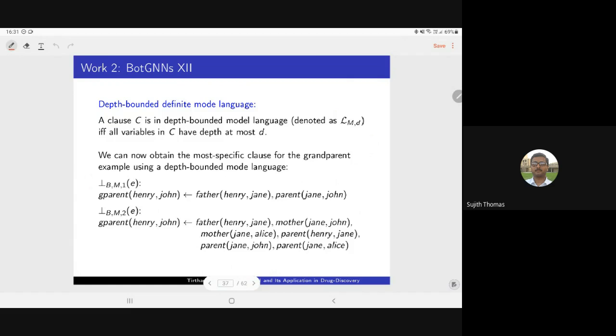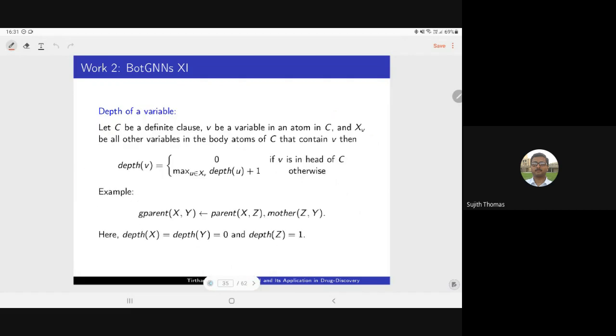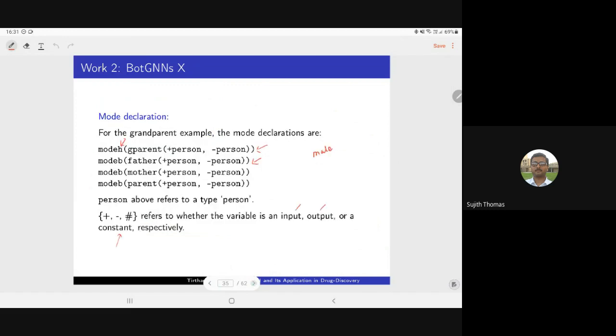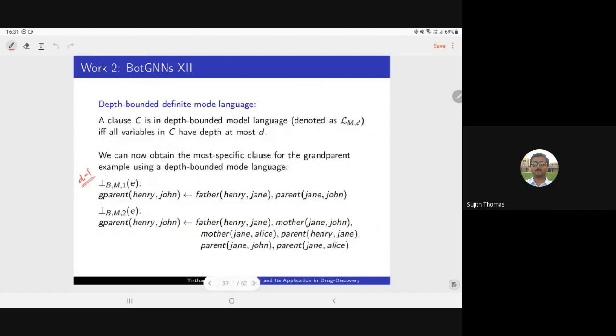Here I'm trying to illustrate the meaning of the depth D. I told you that we need to find a bottom clause at some particular depth D that could subsume the most specific clause. So if your D is equal to 1, then the terms that appear in the clause must have maximum depth of 1.